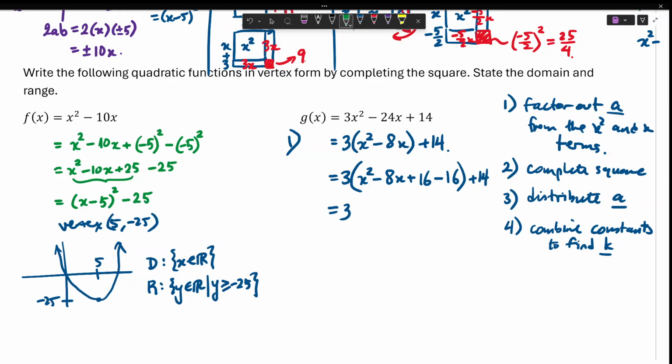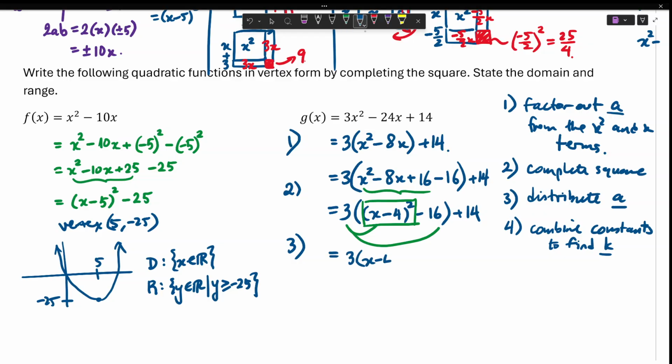Now that we have this beautiful perfect square, we're going to write it as a perfect square: x minus 4 squared. And now that we have a square here, we're not going to touch it. Imagine this as a box. Let me label my steps here. This is step 2. Step 3, we're going to distribute a. So 3 times this and 3 times that.